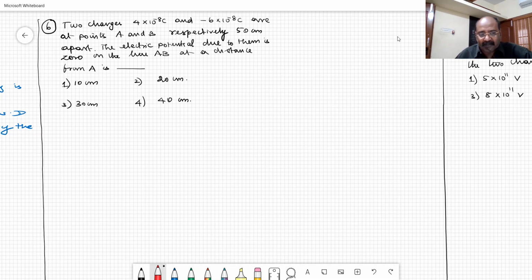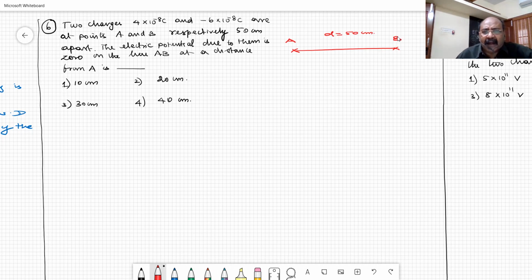So let us draw the diagram for this. You are having 2 points. One of the points is taken to be A and another point is taken to be B. And the distance between the 2 points, let us consider it as D, which is equal to 50 centimeter.